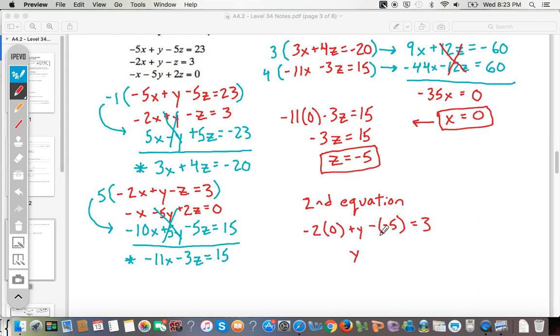I'm left with y minus negative 5, turns into a plus 5, equals 3. So subtract 5 on both sides, get y equals negative 2. So, again, as I said earlier, we can write our answers just like this. x is 0, y is negative 2, and z is negative 5.